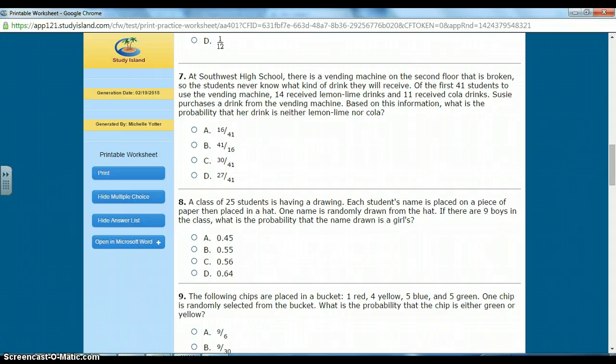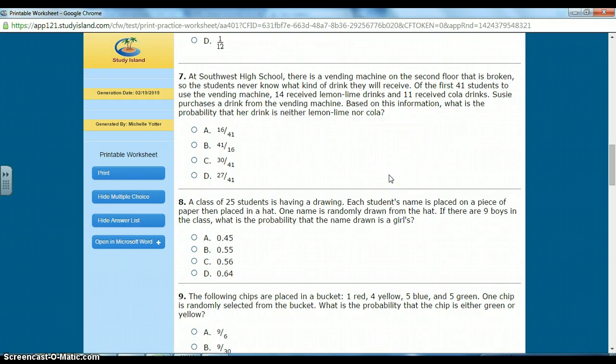The next one, at Southwest High School, there is a vending machine on the second floor that is broken, so the students never know what kind of drink they'll receive. Of the first 41 students to use the vending machine, 14 received lemon lime drinks and 11 received cola drinks. Susie purchases a drink from the vending machine. Based on this information, what is the probability that her drink is neither lemon lime nor cola?